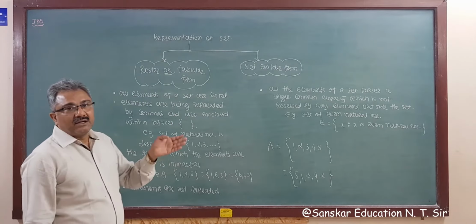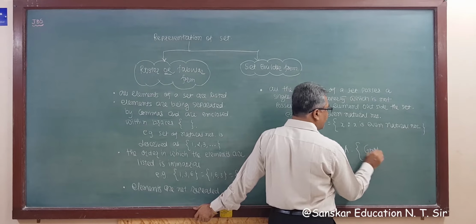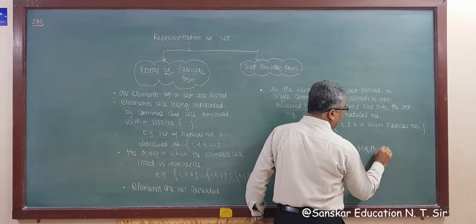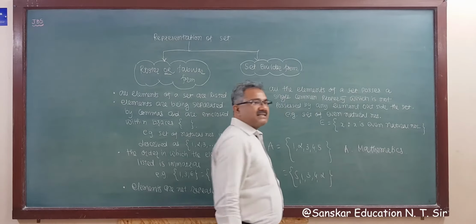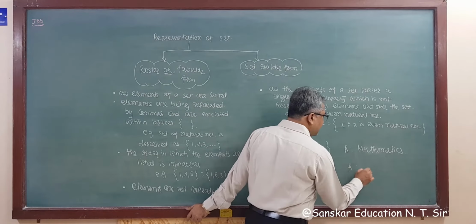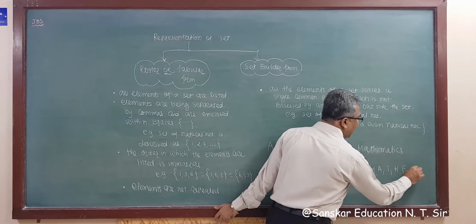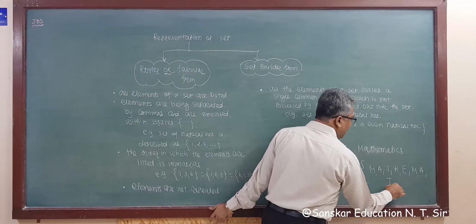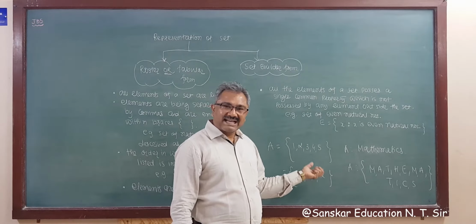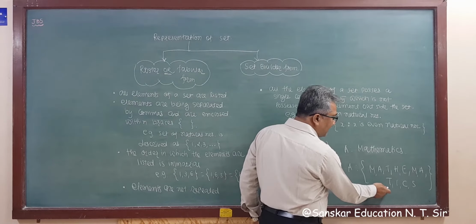Suppose you have a set A, the set of letters used in the word mathematics. If you write M A T H E M A T I C S, this is a wrong way to present the set, because M is repeated, T is repeated, and A is repeated.